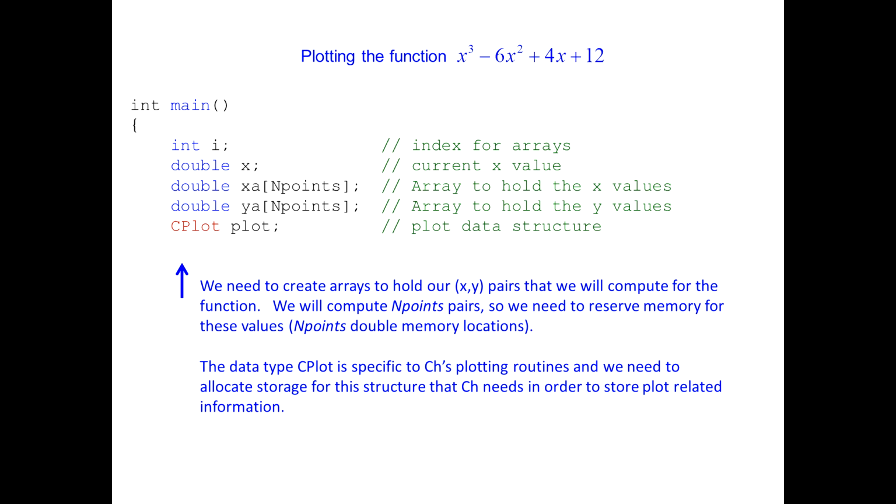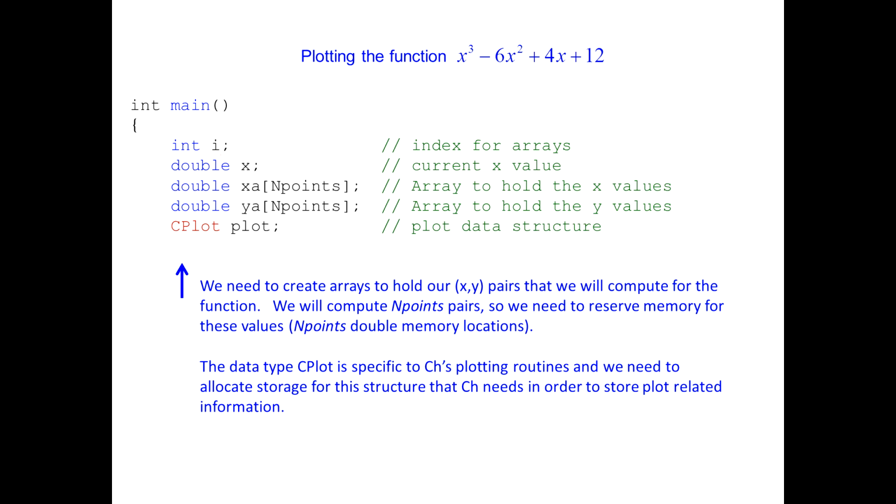All right, so here we have our main, which is the starting point of our program. The first thing we're going to do is declare all the variables that we need. We have int i, which we're going to use as an index into our arrays. We have x, which is going to store the current x value.